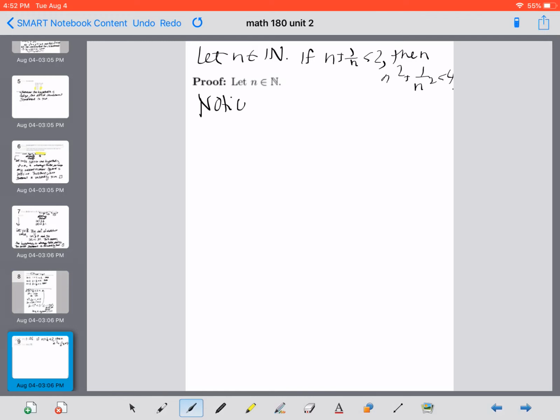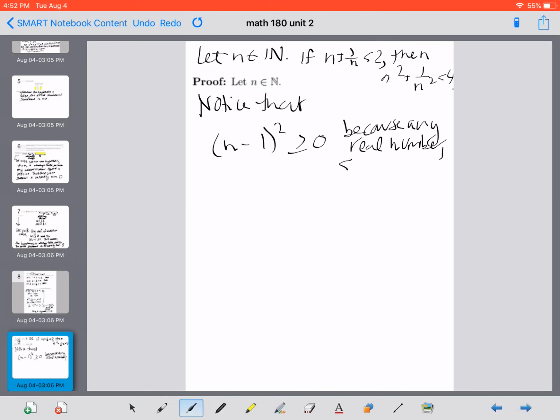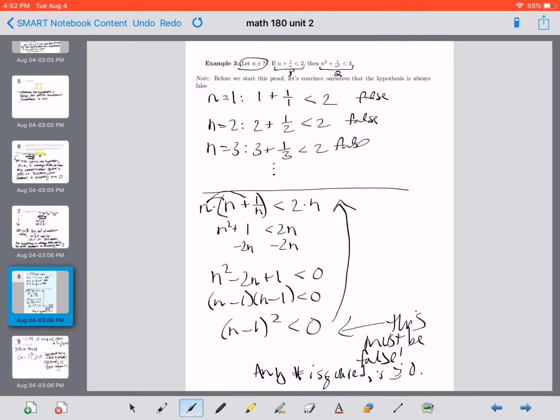Notice that we have n minus 1 squared is greater than or equal to 0 because any real number squared is non-negative. So I'm working towards the end of the argument I gave on the last page, and I'm going to work my way backwards to show that that hypothesis is always false.